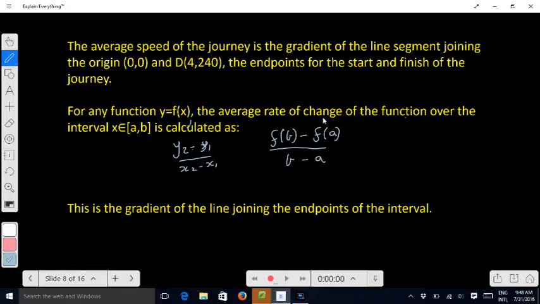If b was 4 for this example, whatever our function is, 4 would go into it and we'd get some answer, which would be 240. So 240 take our initial point at 0, so 240 take 0 would be 240, divided by 4 take 0, which is 4. So that's where that comes from. So this is the gradient of the line joining the endpoints of the interval.